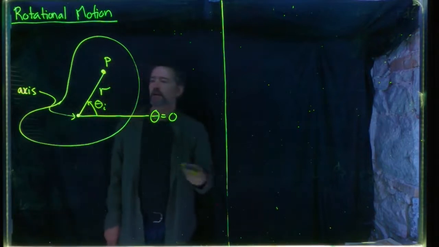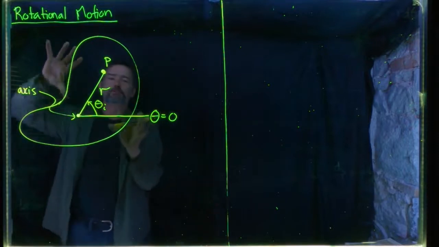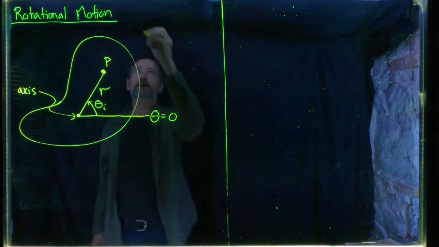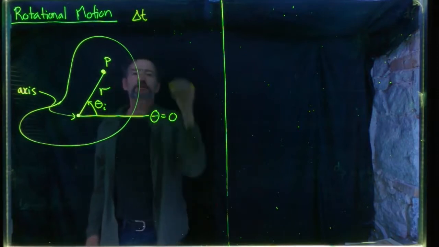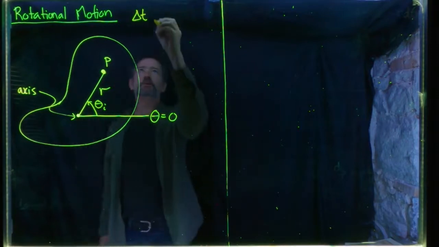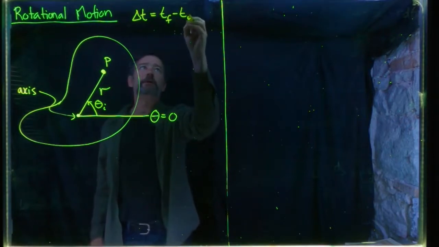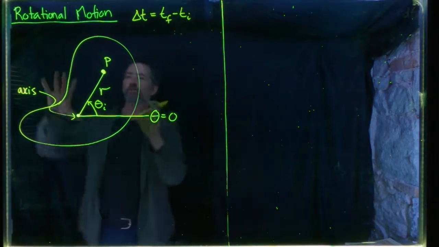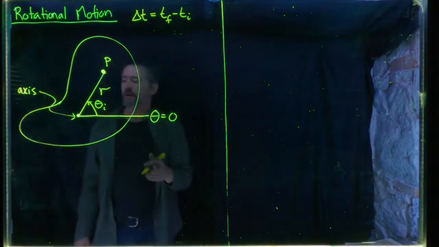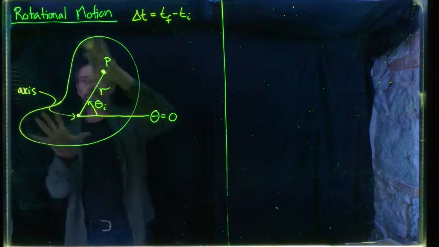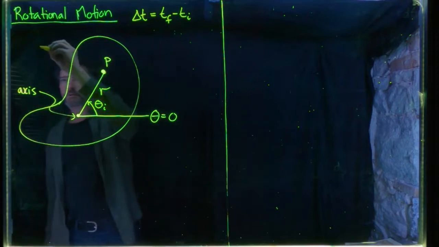Now we're going to rotate this object, and always in the back of our mind is that we're changing things, and that change is happening in a certain time interval. Delta t is t final minus t initial. So we're going to rotate this rigid body through some angle. It'll start looking like this, and then it'll end up looking something like this.